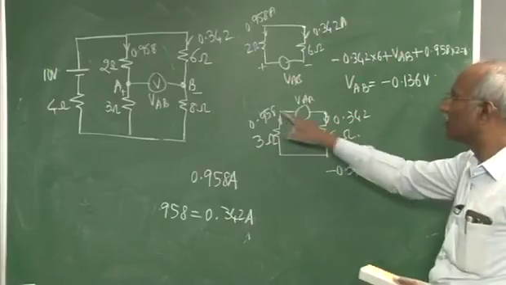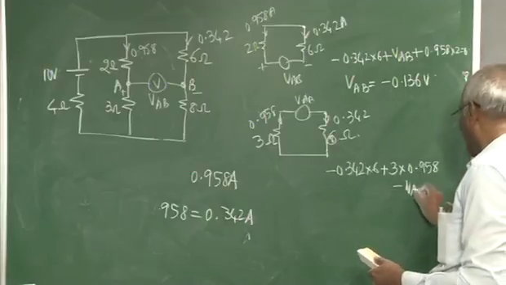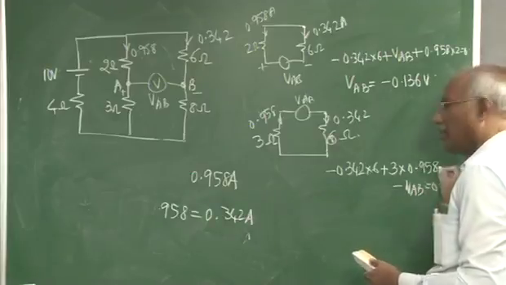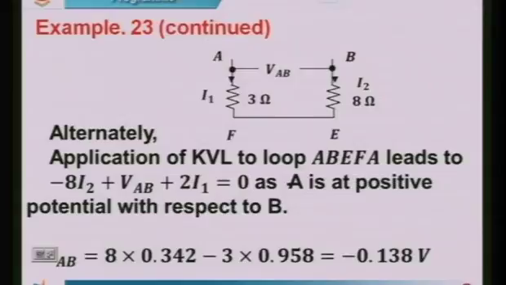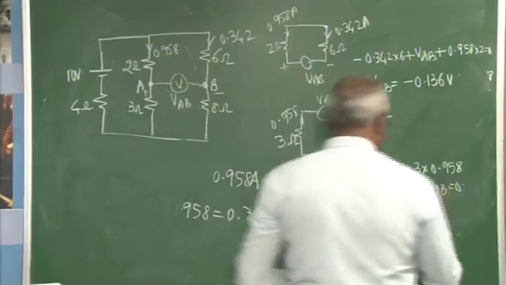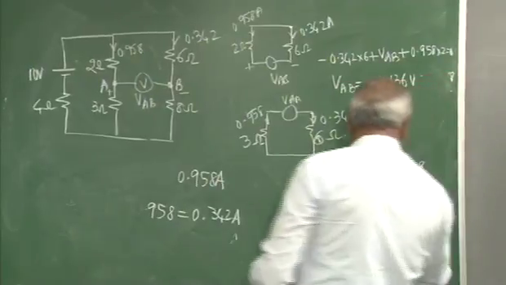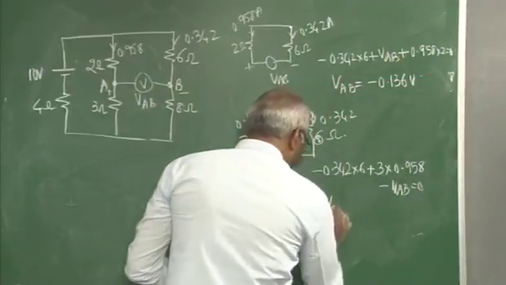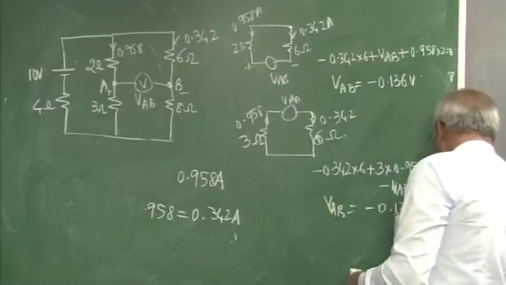I have taken this one as plus and this one as minus, therefore it is minus VAB equal to 0. If you simplify this, you get a value minus 0.138. VAB will work out to be minus 0.138 volts.